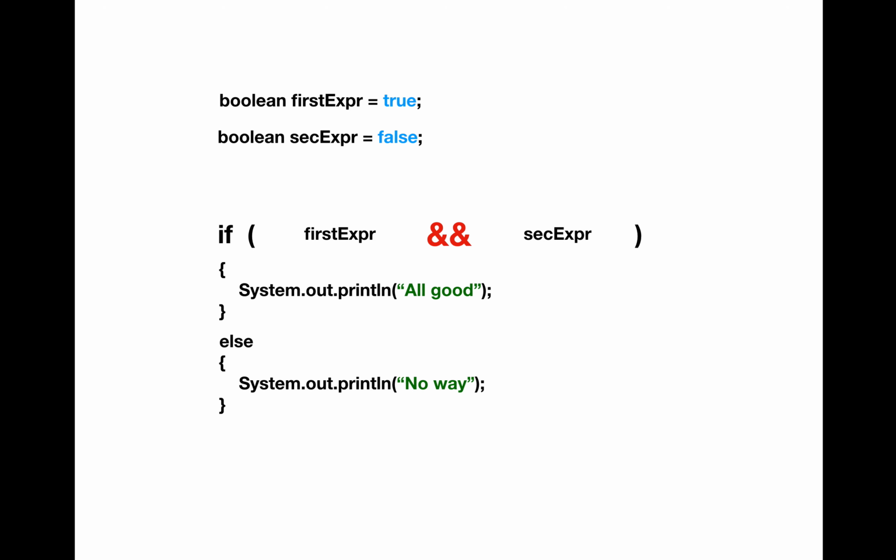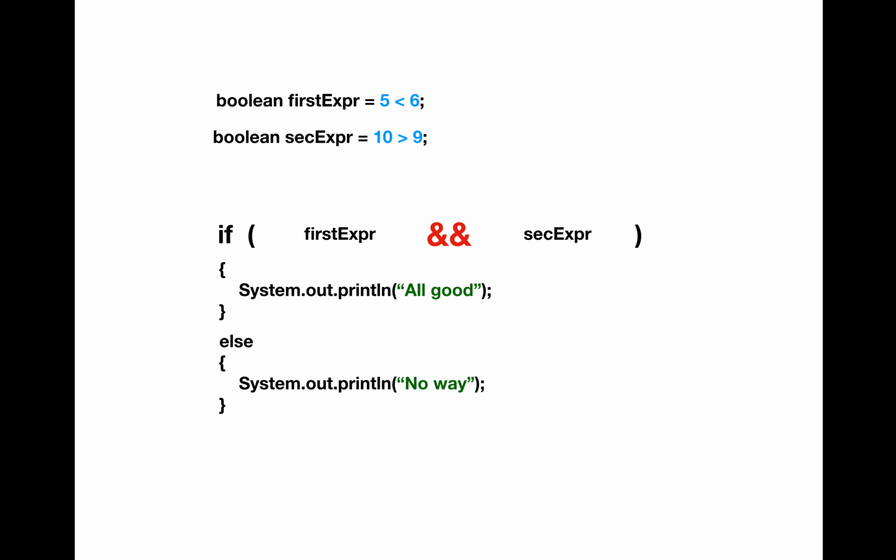Only one being true evaluates to false. Both of them being false evaluates to false. Both of them being true evaluates to true. So in this case, only one of them is true, so the if statement will not execute, and instead the else statement will execute. What this would do is print out no way.